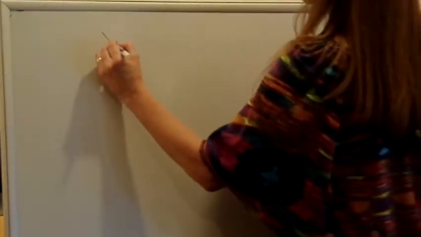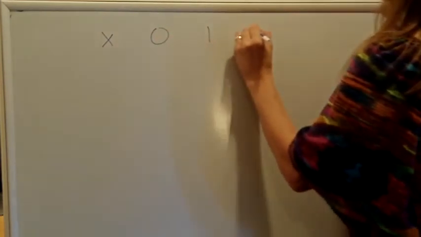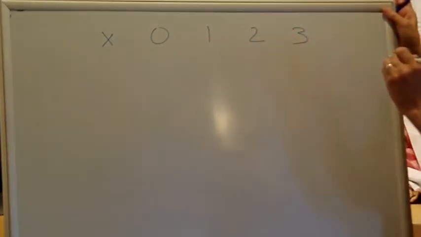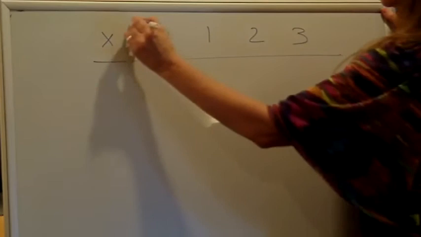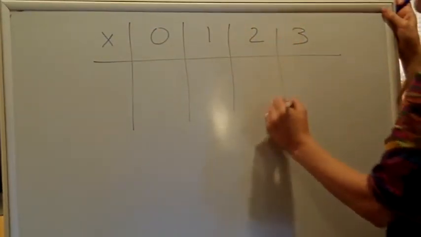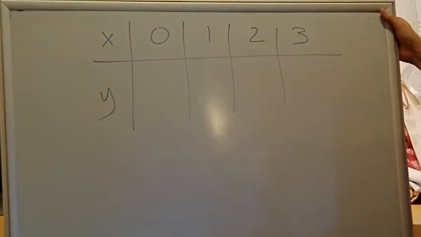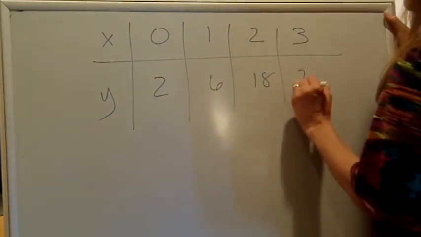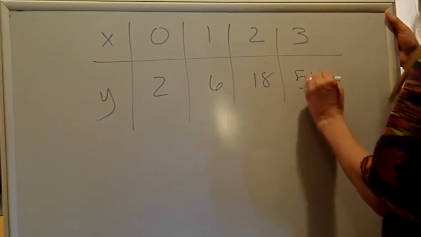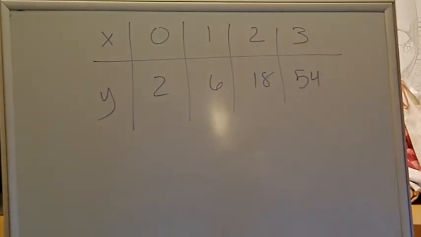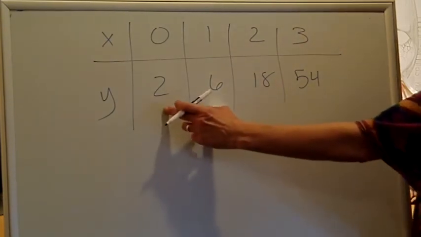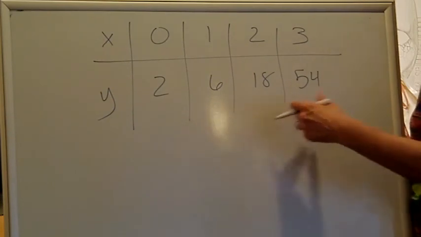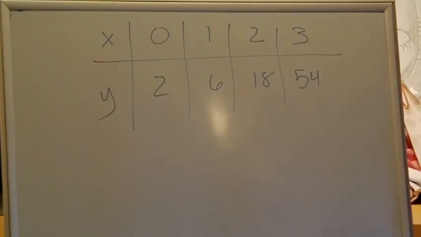X is 0, 1, 2, 3. Y is 2, 6, 18, 54. Well, you can look at your y's, and you can tell that as x increases by 1, y does not increase by the same value each time. It increased by 4 here, by 12 here, so you can tell it's not linear right off the bat.